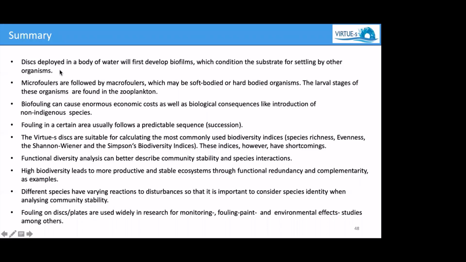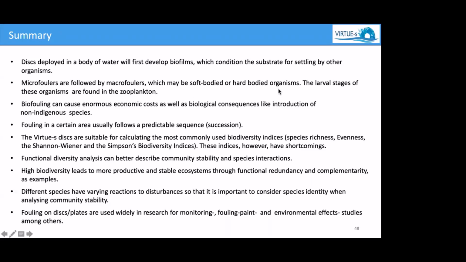A lot are filter feeders or sediment feeders. The microfoulers, these are the diatoms and bacteria, are followed by the macrofoulers, which are soft-bodied or hard-bodied, and these come from the water as larvae, which are part of the zooplankton.